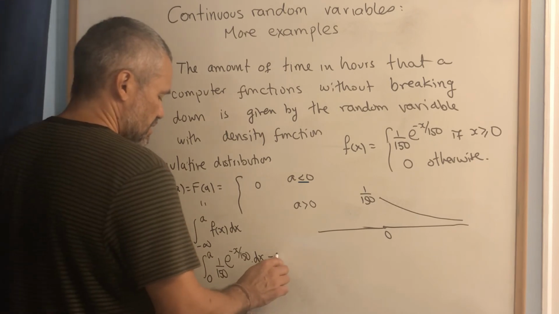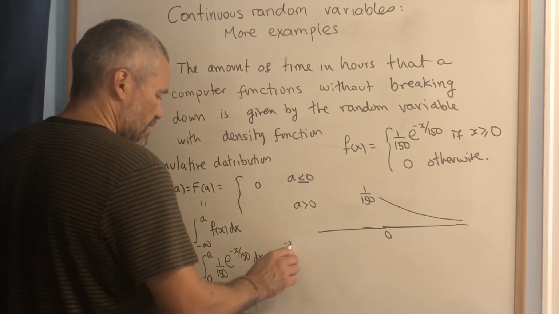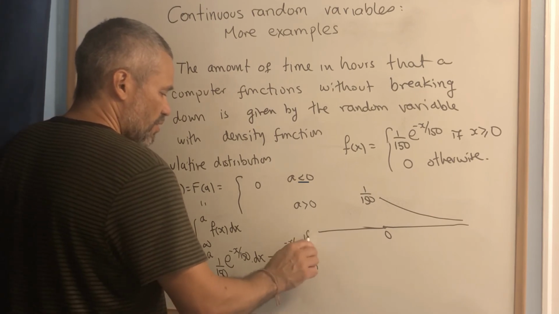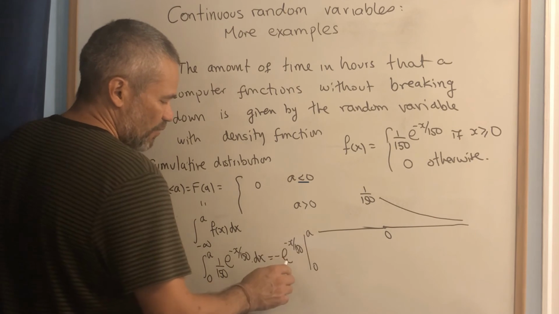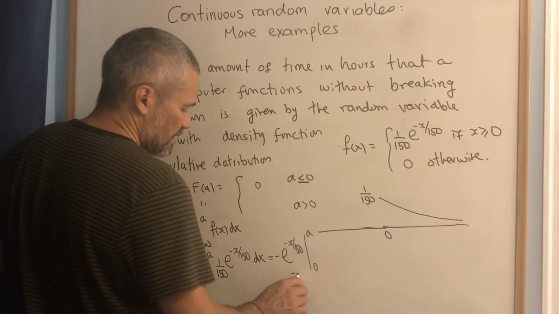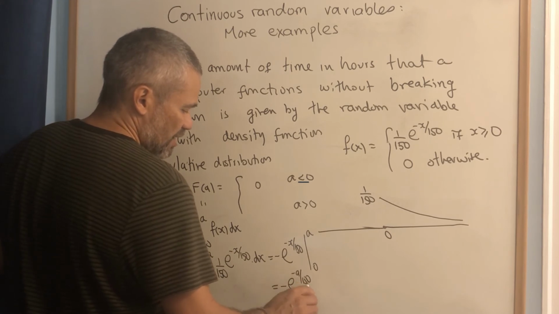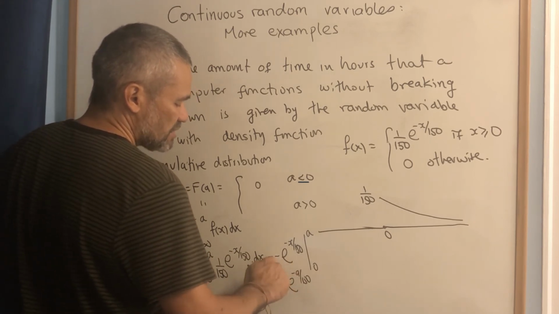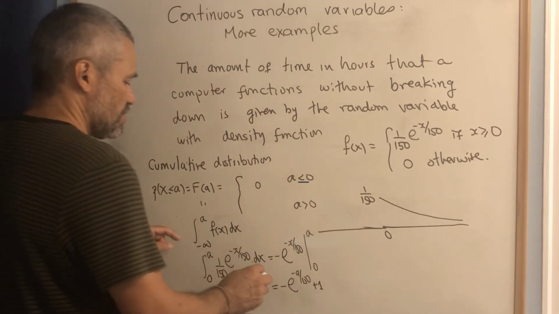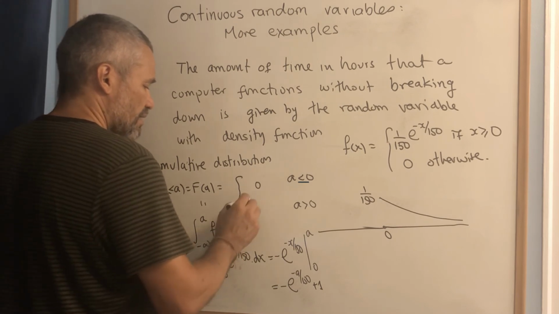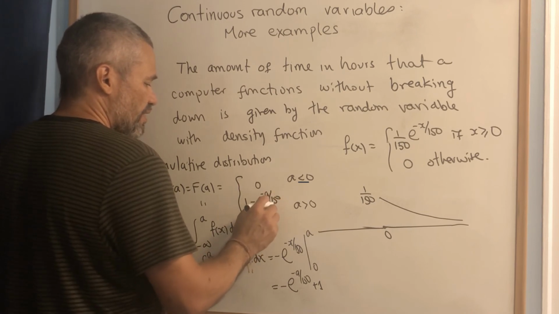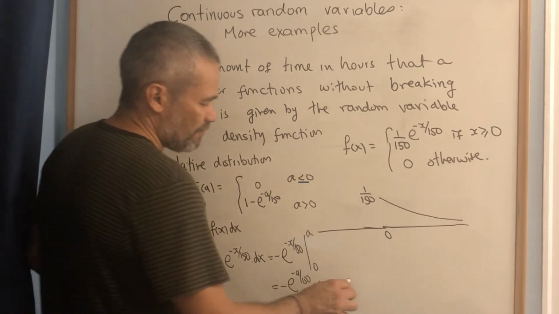And this is just negative e to the negative x over 150 from 0 to a. When you evaluate at a, you get negative e to the negative a over 150, and when you evaluate at 0, you get minus negative 1, which is plus 1. Then this function is just 1 minus e to the negative a over 150.